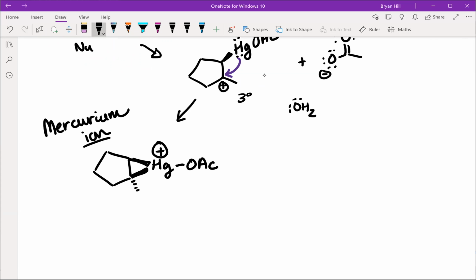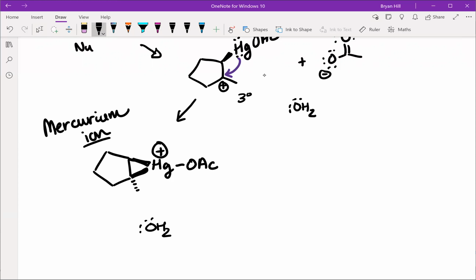And this is basically completely analogous to the bromonium ion. So this is why I always do this one next, because it behaves exactly the same as the bromonium ion. And so when water finally attacks, it's going to attack exactly the same way water attacked the bromonium ion.